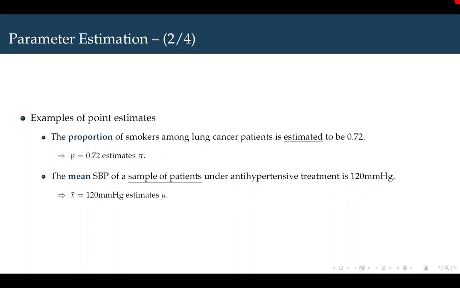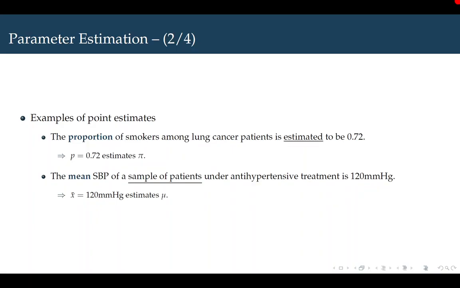So x bar, 120 millimeters of mercury, estimates mu. So 120 is a point estimate of the population mean mu, which is the population mean systolic blood pressure of all patients under antihypertensive treatment. The formula used to obtain this 120 is an estimator for mu, but this single sample value 120 is a point estimate of mu.